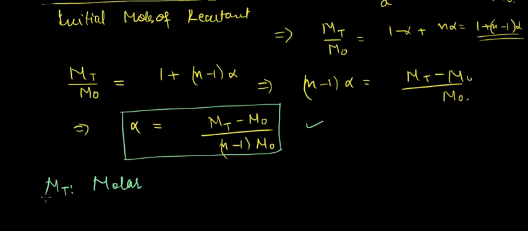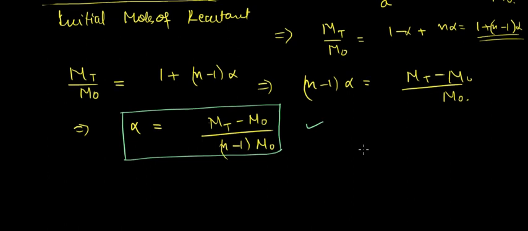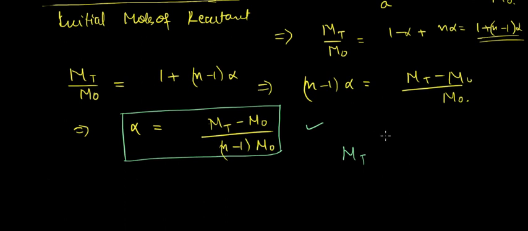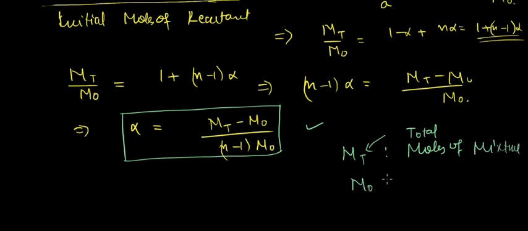Okay. So before that, let me write one more thing here. Let us actually simplify this value further. So we know that MT we defined as the total moles of mixture, and MO we defined as the initial moles of reactants.